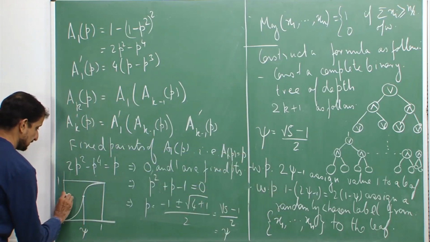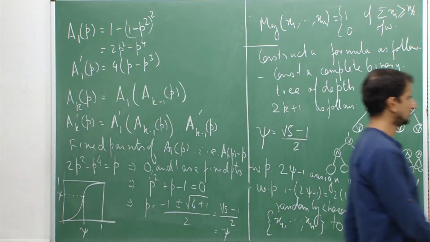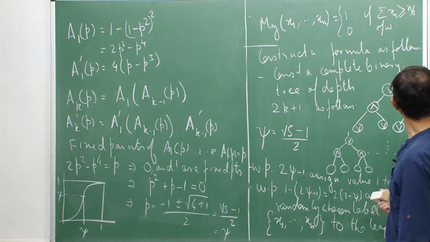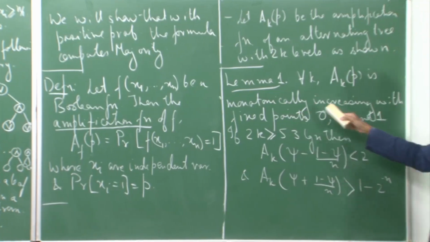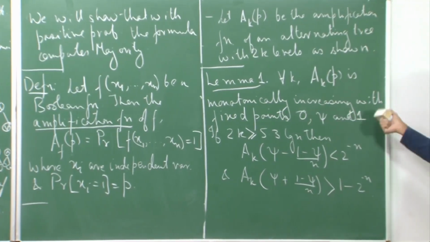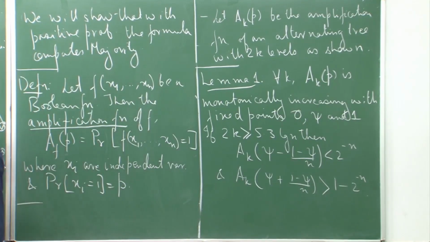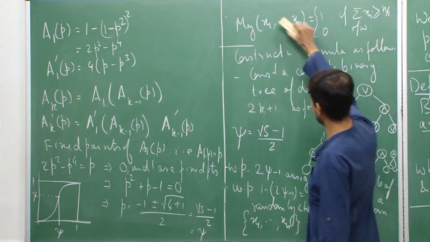We have another fixed point. So, this shows that these are the fixed points and the function is monotonically increasing as well. Because a1 is monotonically increasing, all the ak's can be shown to be monotonically increasing as well.